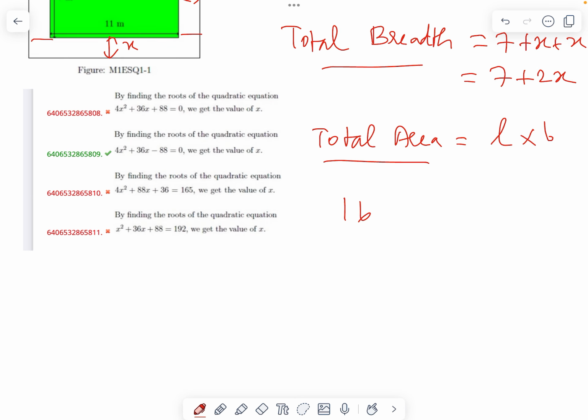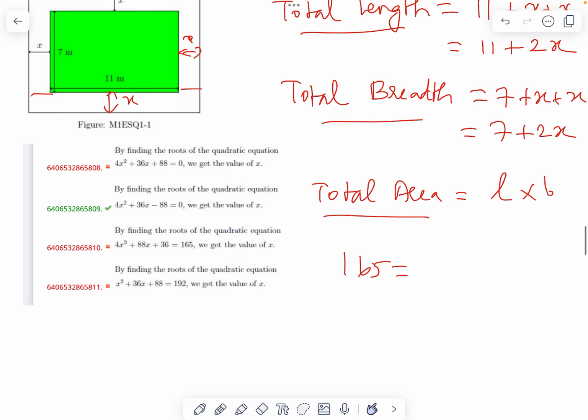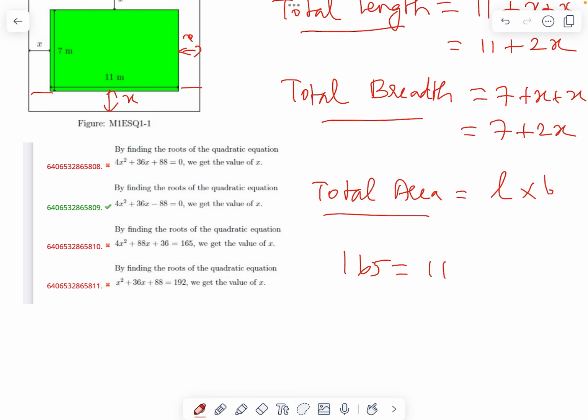Hence 165 is equal to 11 plus 2x into 7 plus 2x. I'll rewrite it a little more clearly.